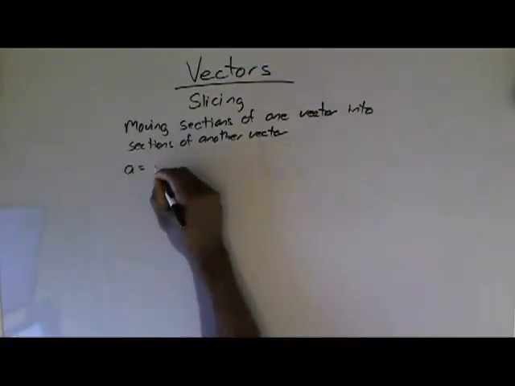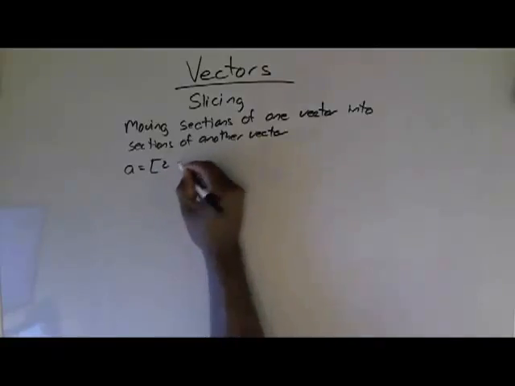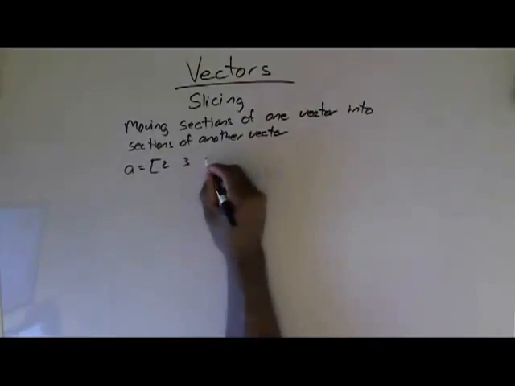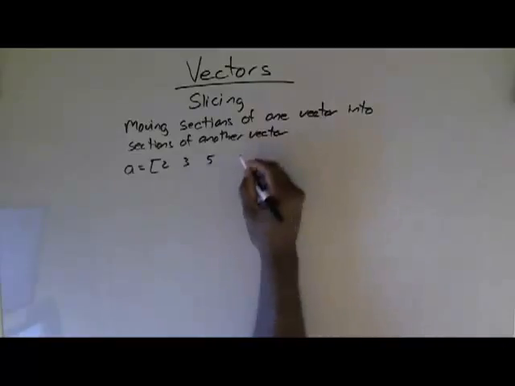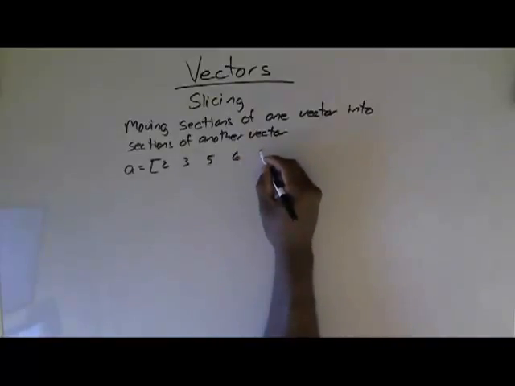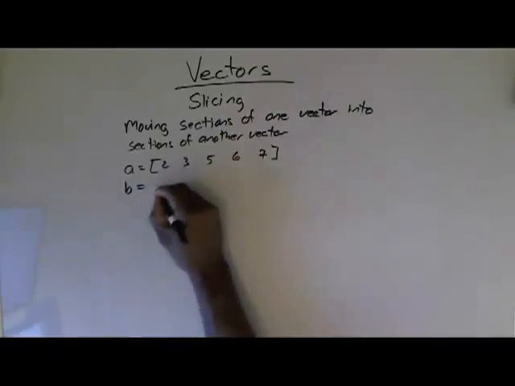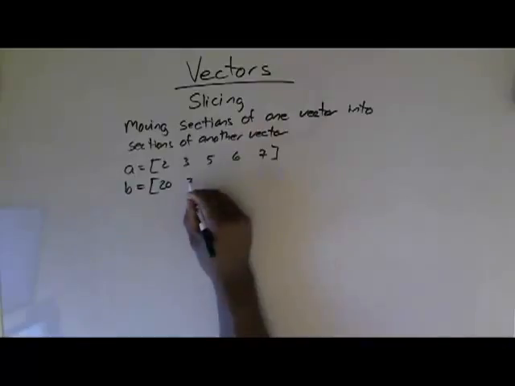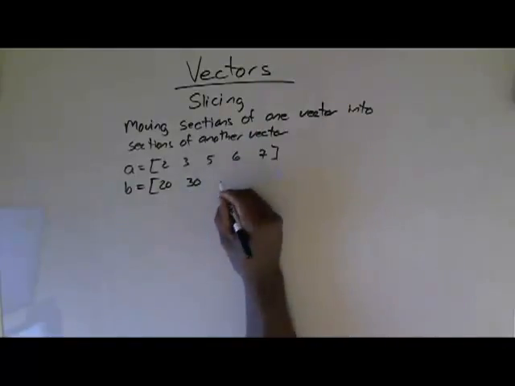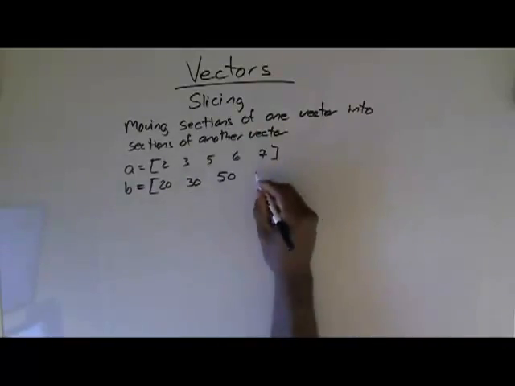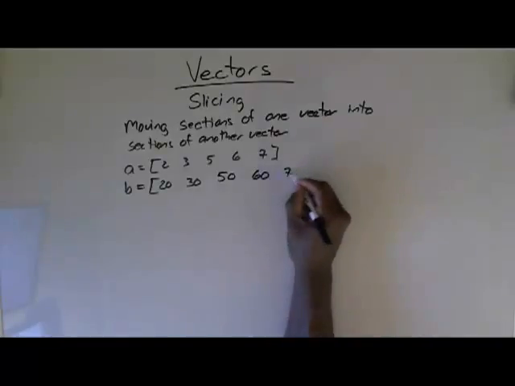Vector A equals 2, 3, 5, 6, 7. Vector B equals 20, 30, 50, 60, 70.